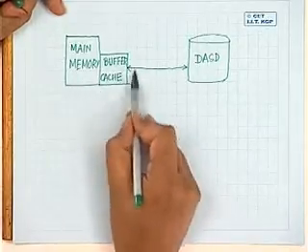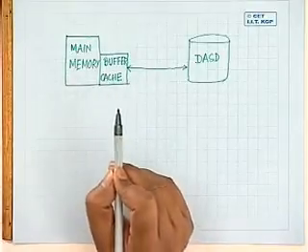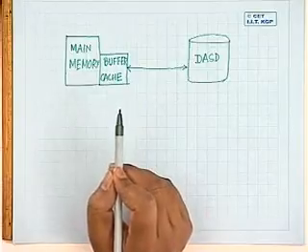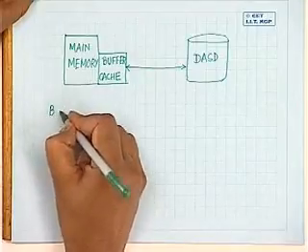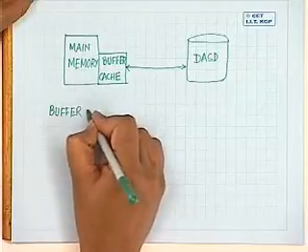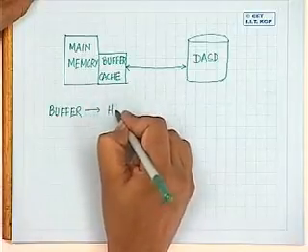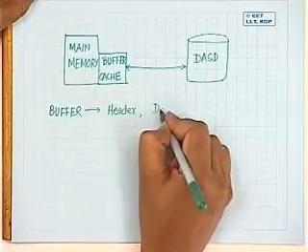Now, how is this buffer cache maintained? The buffer cache is actually an array or a pool of buffer areas. Each of the buffers contains mainly two parts. One is the data area and the other one is the header area. So I have two components in the buffer: one is the buffer header, and the other one is the data area.